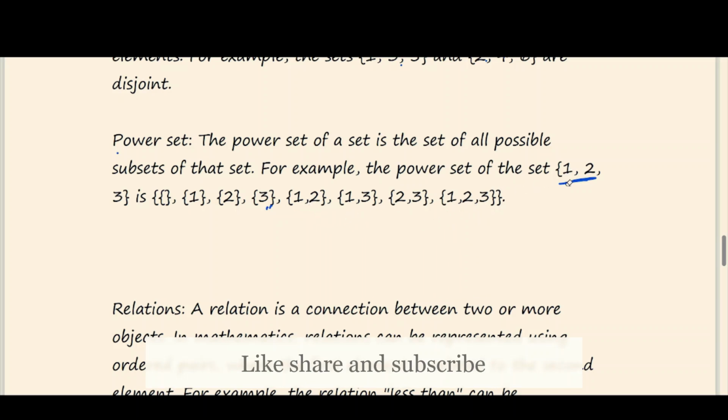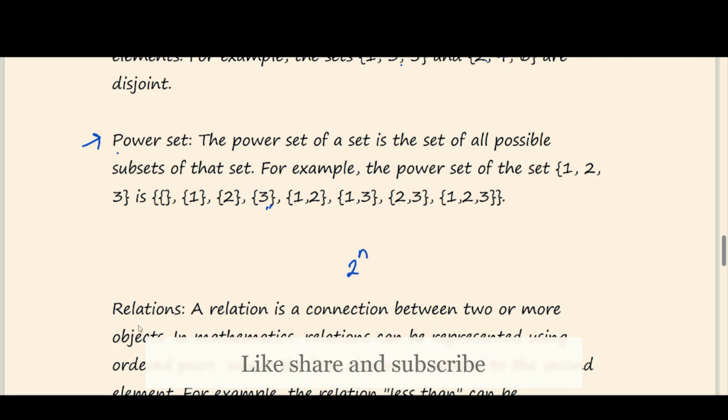Now see what relations are. Just now we have seen how many subsets we can have of a set. We found it using the formula 2 to the power of n. So we can say that the cardinality, or the number of elements in the power set, will be 2 to the power of n.